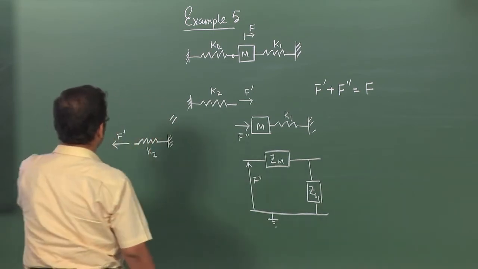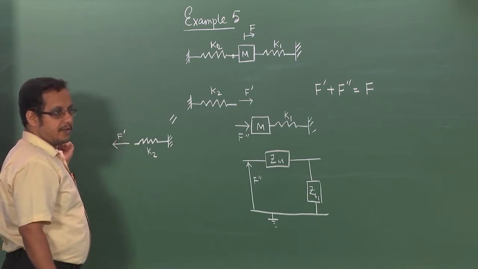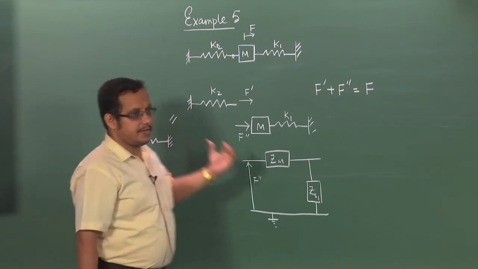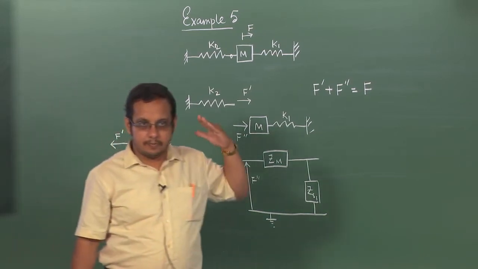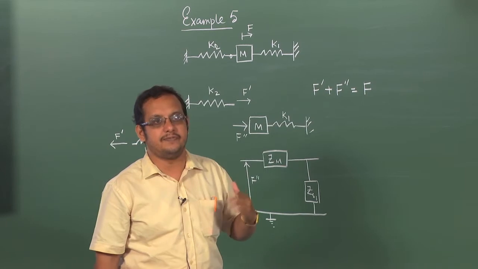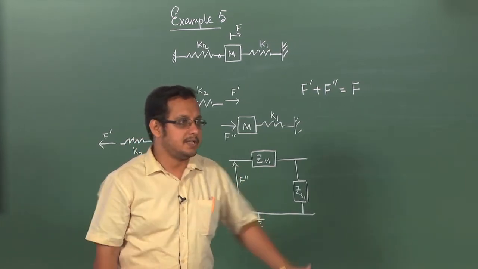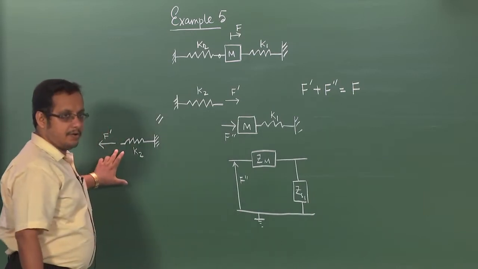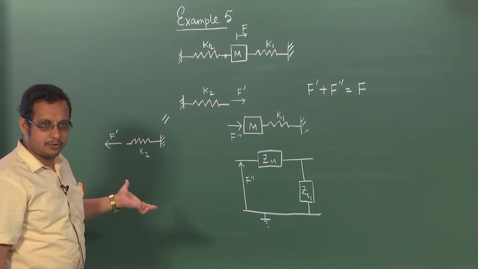The only issue here is that this F prime force seems to have gone the other way, right. As per our convention, we said that at the upstream point the positive direction of the force was chosen from left to right. This is going the other way round, from right to left. So, this is the only change we need to incorporate.